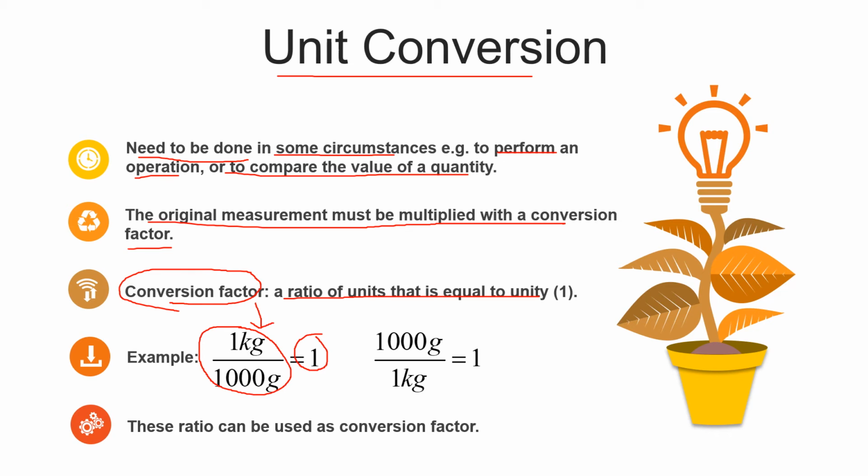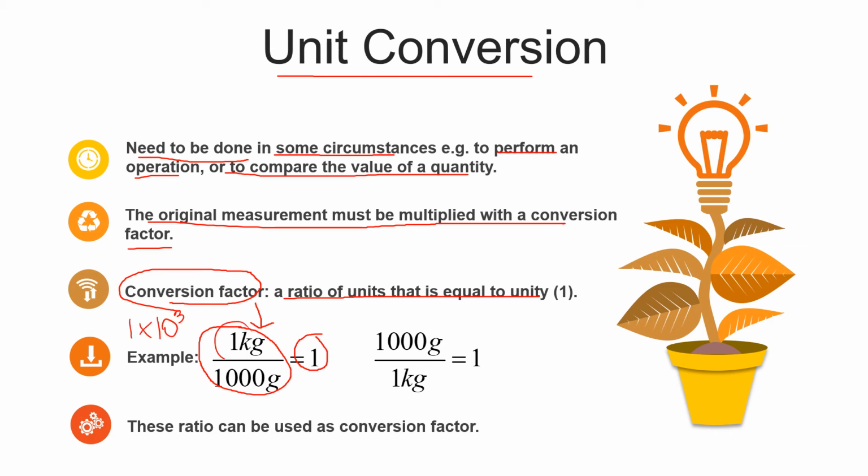So macam kat sini kan, 1K, K adalah 10 kuasa 3. Kat sini adalah 1 darab dengan 10 power of 3. Kilo adalah power of 3. Okay, for example, dia adalah 1 darab 10 power of 3.